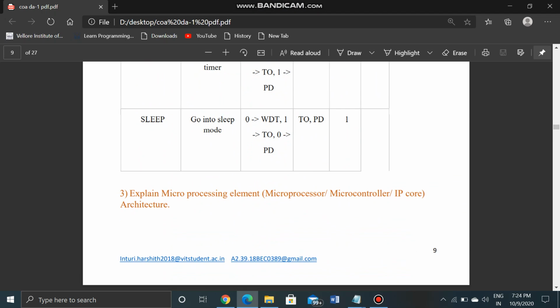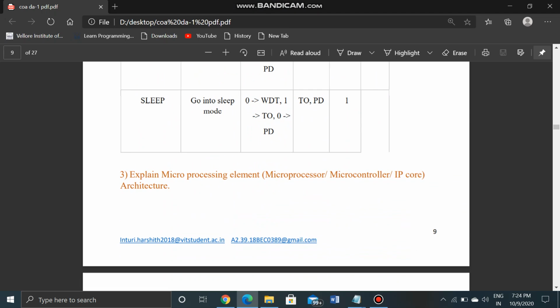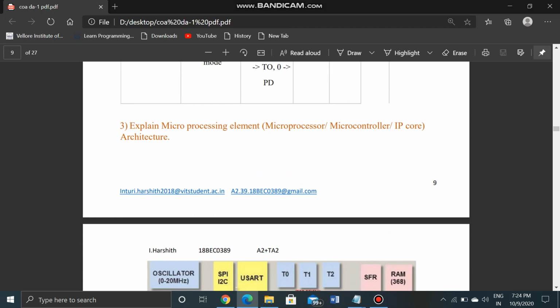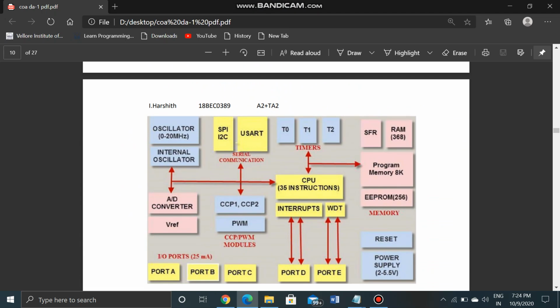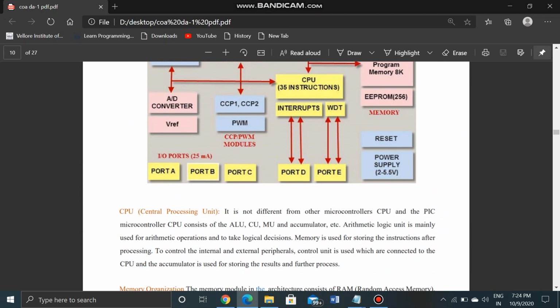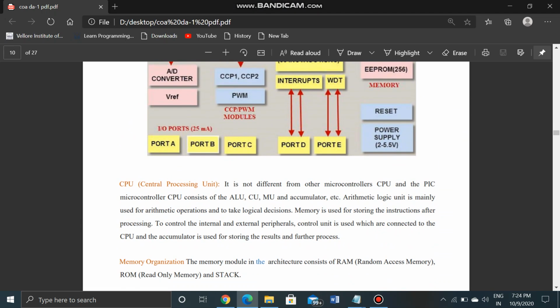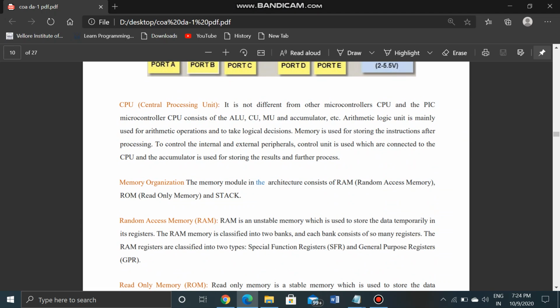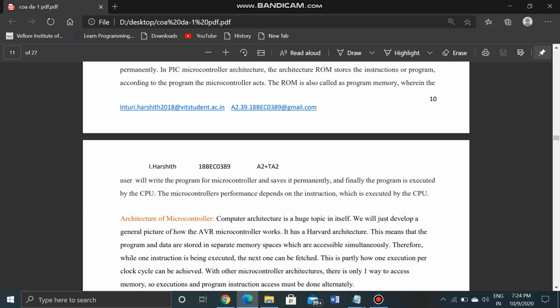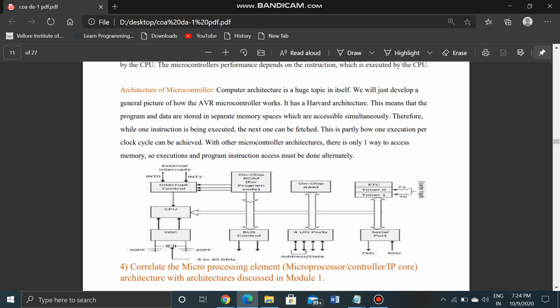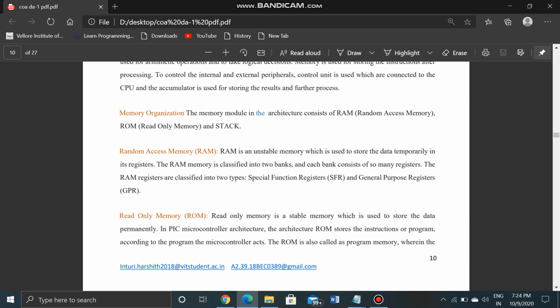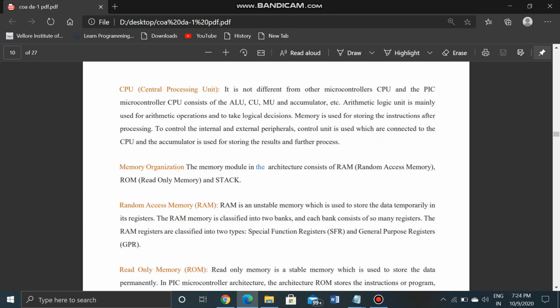And the third question is to explain the microprocessing element. The architecture and this flowchart are available from the NXP website. Coming to the basic components, the microcontroller consists of the CPU, memory organization, RAM, read-only memory, and the architecture of the microcontroller. I'll explain the main task of the CPU.